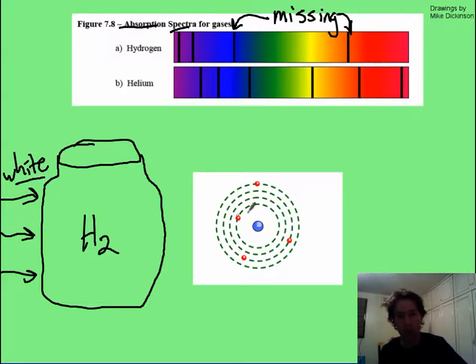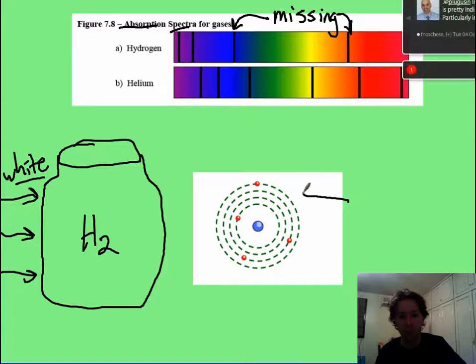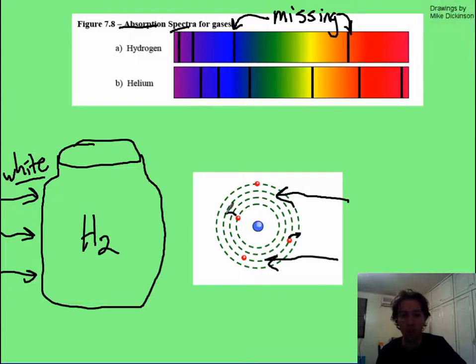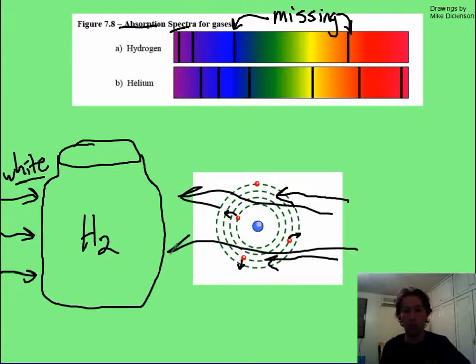And what's going to happen is these electrons, as light comes through, are only going to absorb a few key wavelengths, and they're going to jump up. Now maybe they'll fall back down. I'm not sure what happens. Maybe they give it off as a different wavelength or something that you don't notice missing. But anyway, what happens is they let the vast majority go right through, and you get this whole rainbow up here. But you get a few missing.